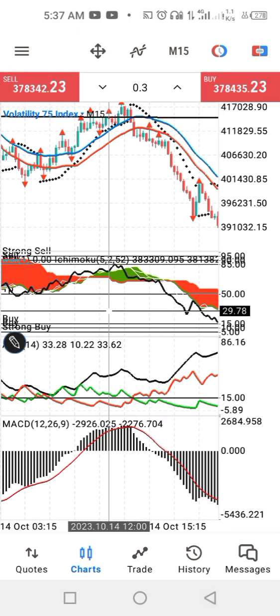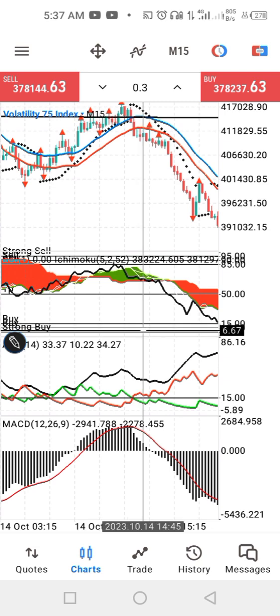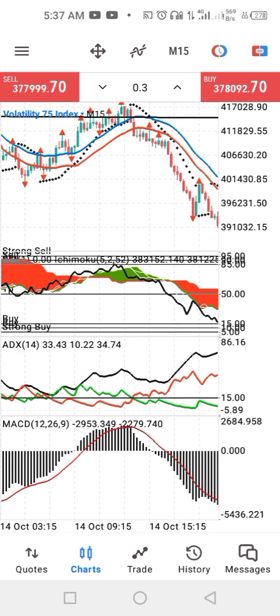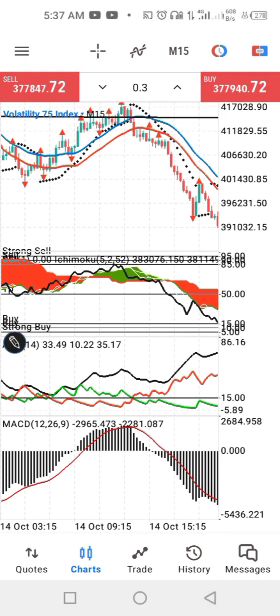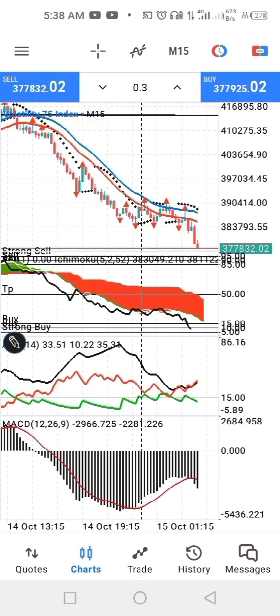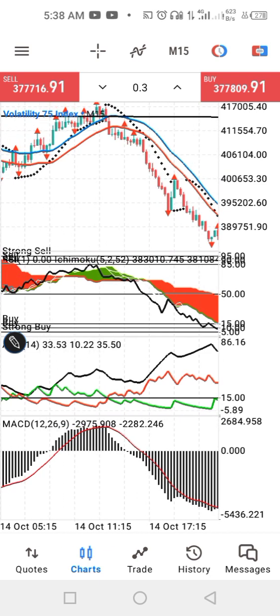Now let's trace that with our cursor. They both crossed here. And the MACD started coming down. Can you see that? And since then, the market sold massively. The market came down massively. It's still coming down.